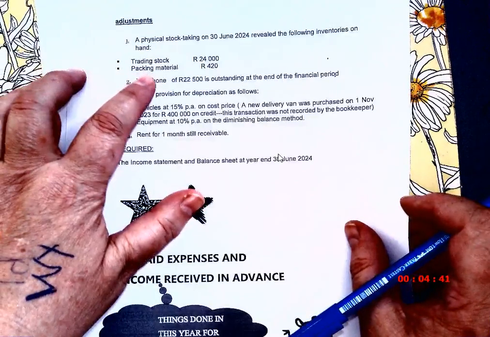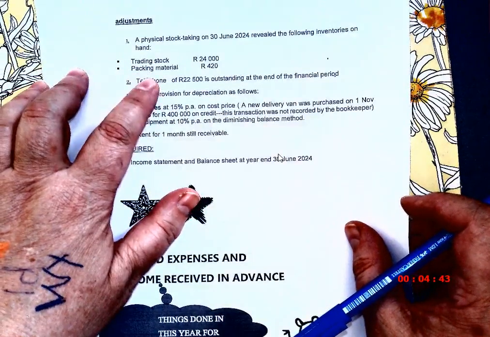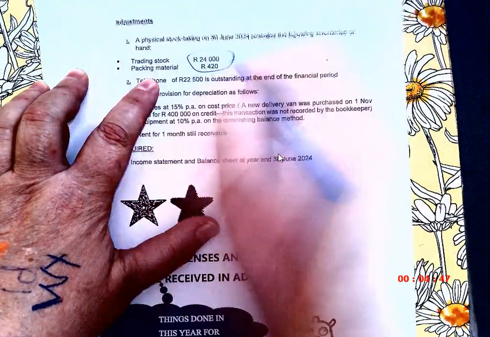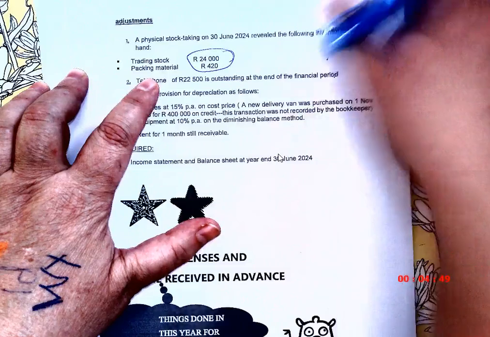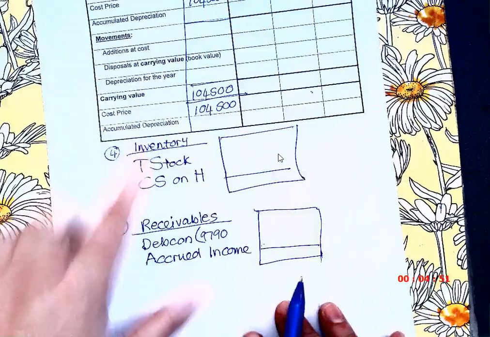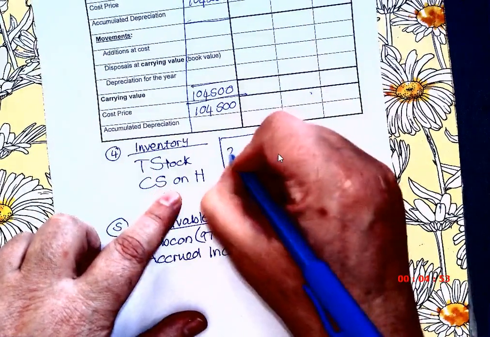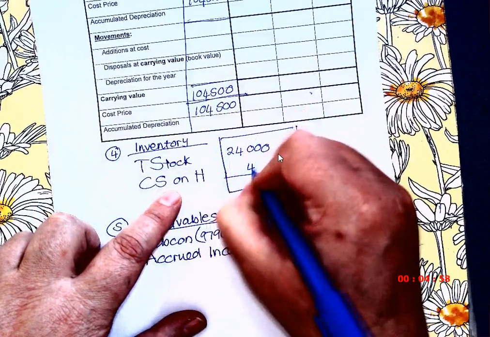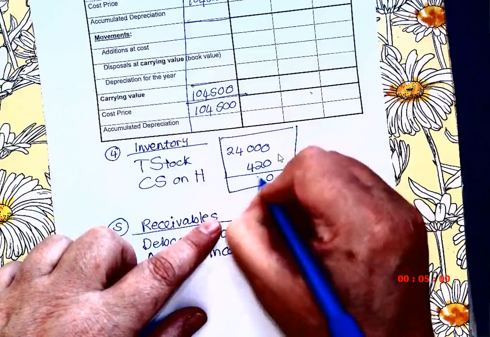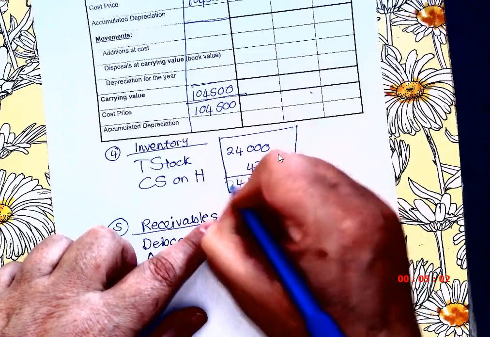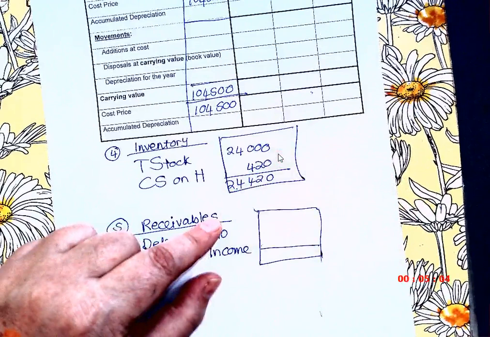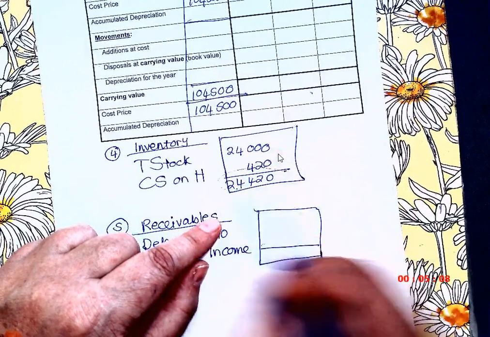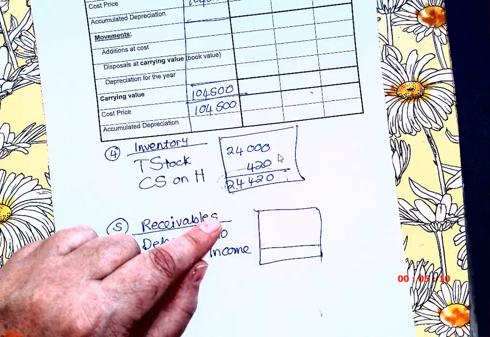Trading stock, packing material. What did I teach you? Immediately, can you see there's no adjustments before then? So this is my stock. Okay, so in my inventory, I'm going to write 24,000 and 420. So my inventory is 24,420. Now when I do my face of my balance sheet, I'm just going to transfer that balance to inventory.